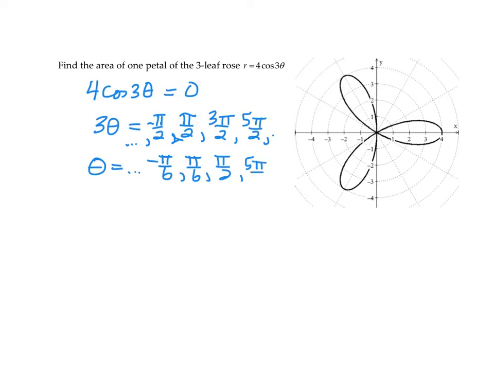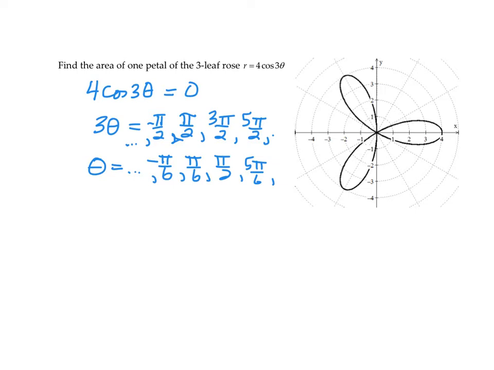These are some of the solutions. Basically, as theta ranges between any two adjacent solutions of the original equation, one petal is traced out from beginning to end, from the origin back to the origin.